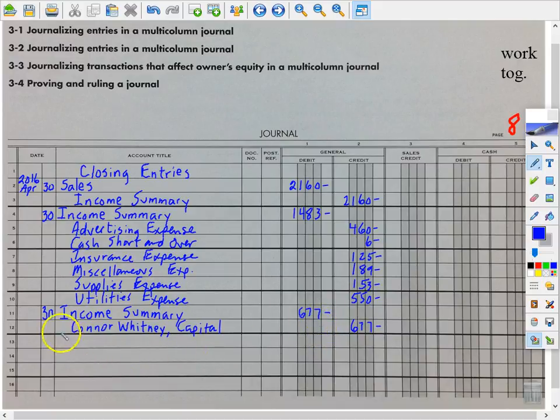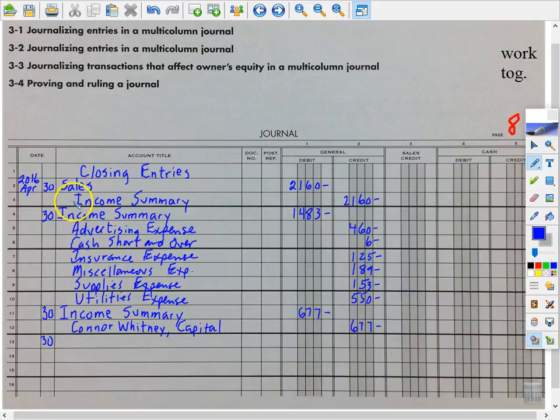Okay, and we've got one more closing entry, and it involves the owner's drawing account. With this one entry, I'm going to serve two purposes. I'm going to zero out drawing, and then I'm going to show the owner's capital account to reflect the drawing that was actually done.